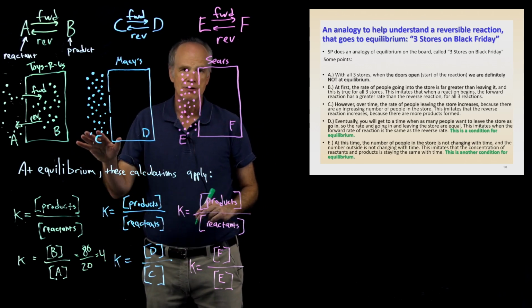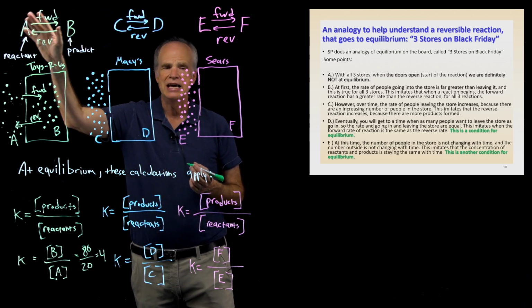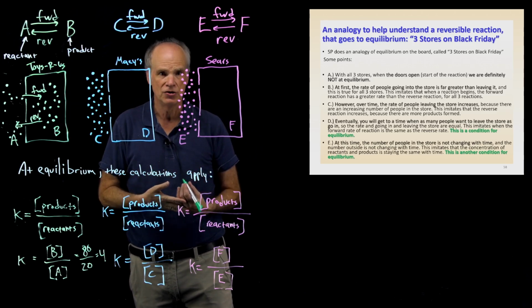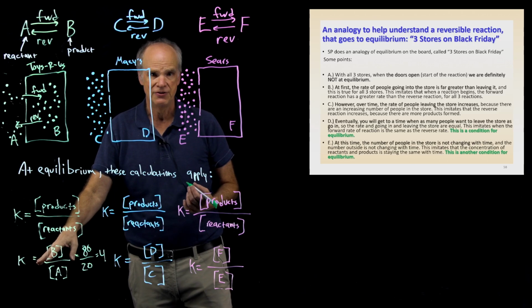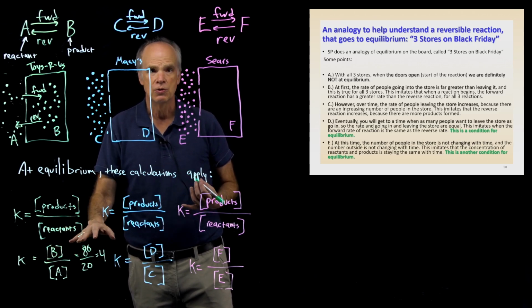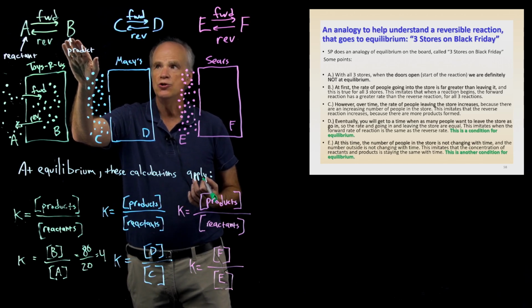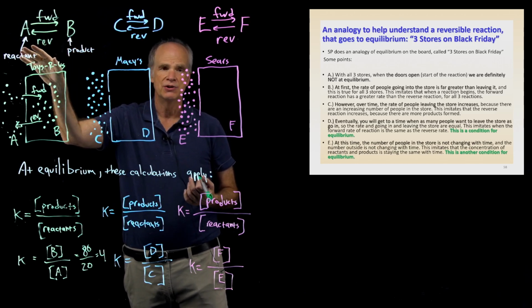And so here we're going to make a very important point. If you have a chemical reaction that goes to equilibrium and you calculate a value of K and you find the value of K is greater than 1, that tells you at equilibrium you have more products than reactants.